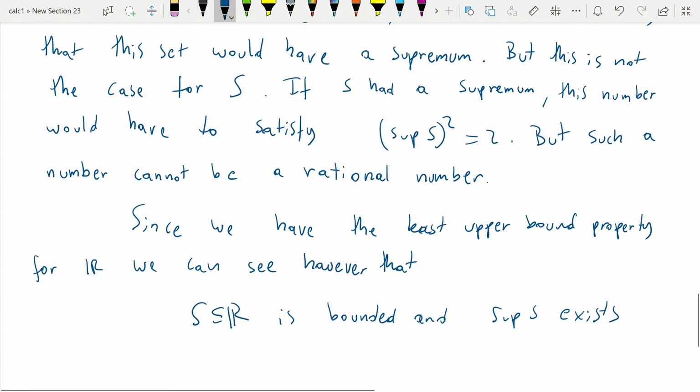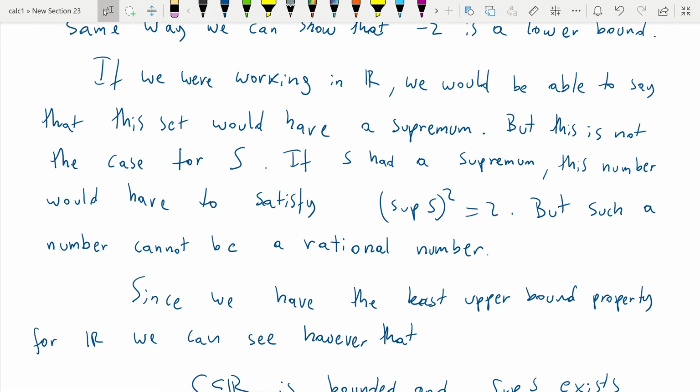The supremum of S that we were referring to up here is a supremum in Q. We're trying to explore what would happen if there was a supremum in Q. That supremum cannot exist.